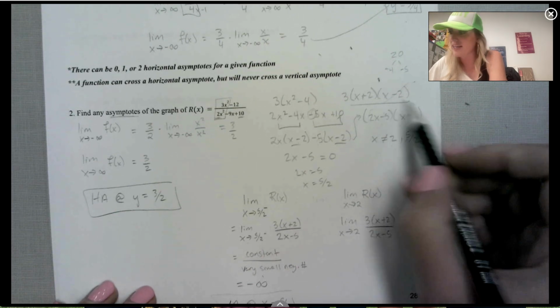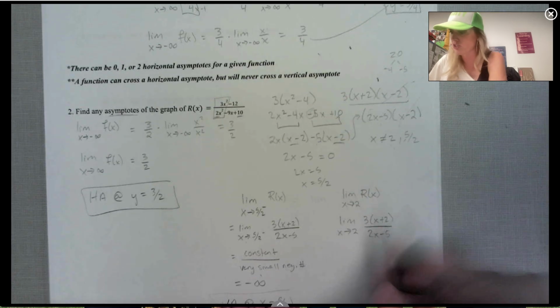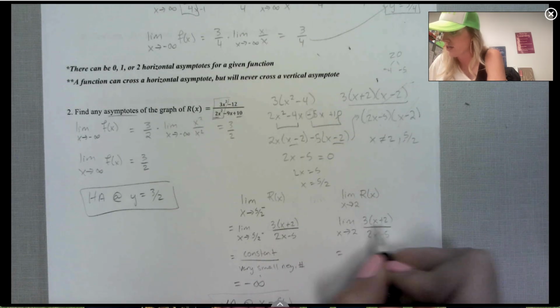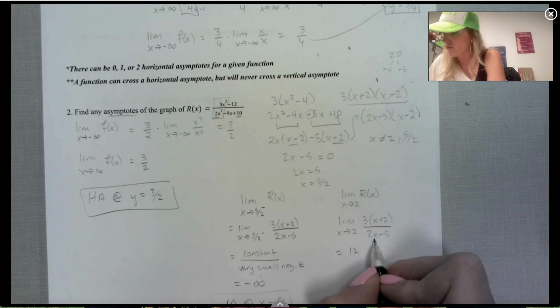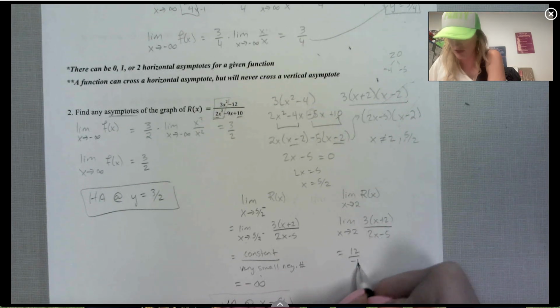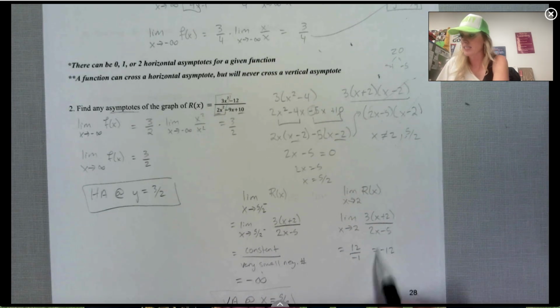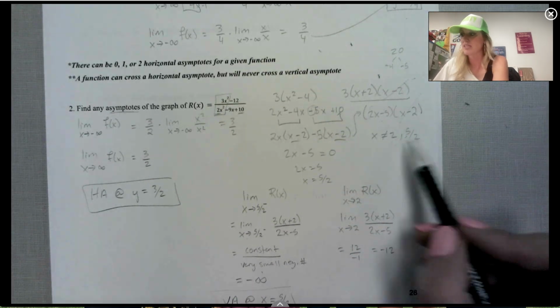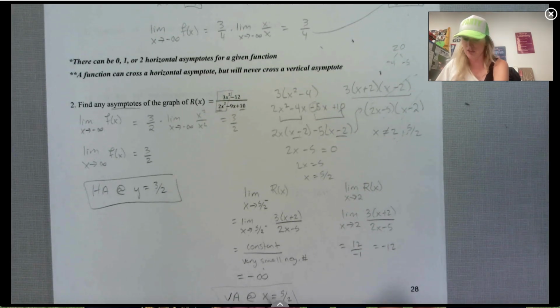Because we divided out the part that was going to make 2 an issue, I'm okay just substituting in 2. So we have 3 times 4, 12, and 2 times 2, 4 minus 5 is -1, so we get -12. If I didn't get infinity or negative infinity, that means x equals 2 is not a vertical asymptote. So we only have these two asymptotes.